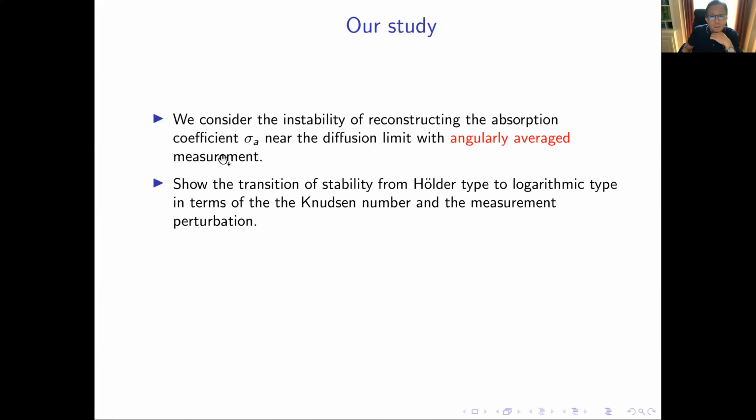In a sense, we know the stability or instability, whatever you call it, is a transition from Holder type, where you lose a few derivatives when you're talking about X-ray, only the transport part, to logarithmic type when the mean free path becomes very small. That becomes the diffusion equation, and for the Schrodinger equation with potential or the EIT problem, this is logarithmic type, which you can call instability.